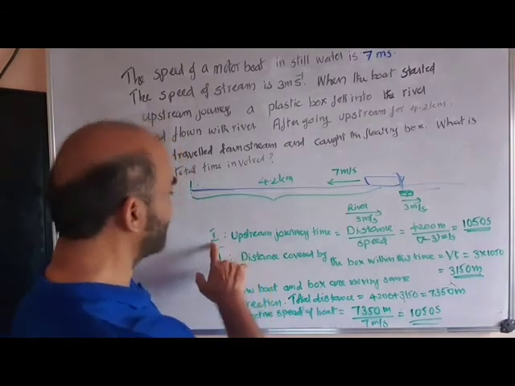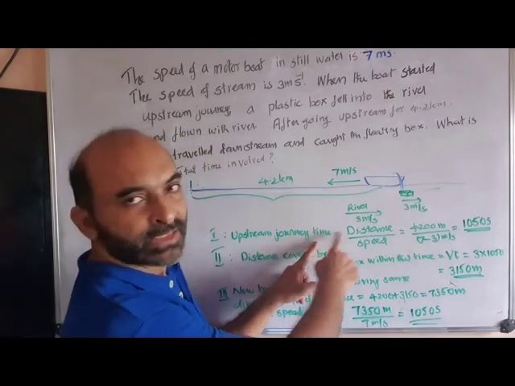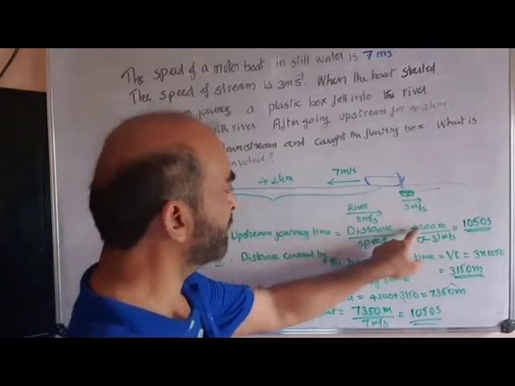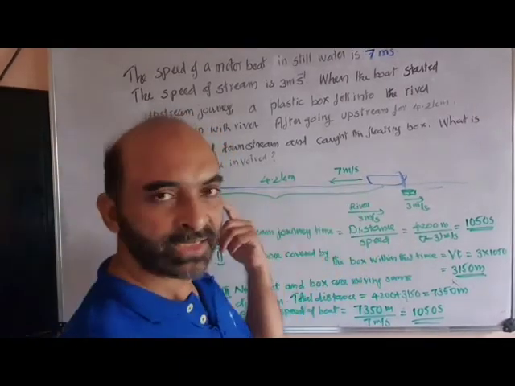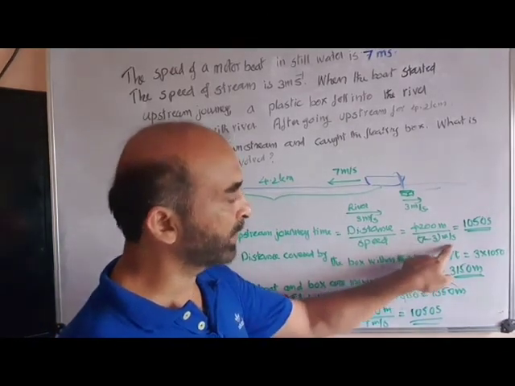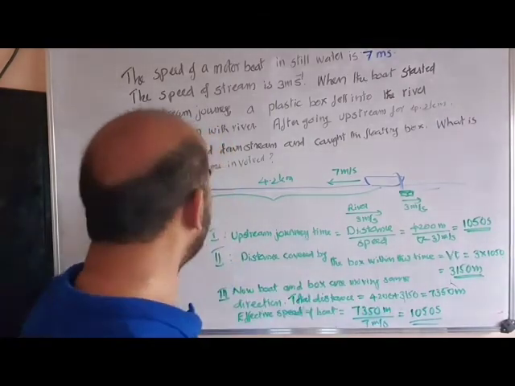So, first stage, upstream journey time, distance by speed. What is the distance? 4,200 meter. Speed, it is against the flow direction. So, 7 minus 3, 4 meter per second, gives you 1050 seconds to reach here.